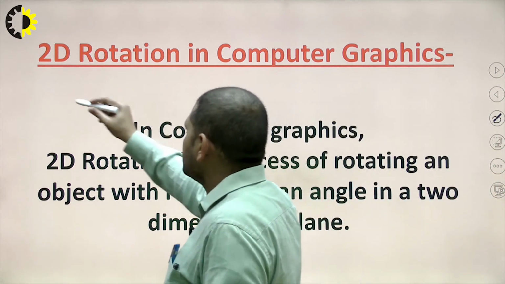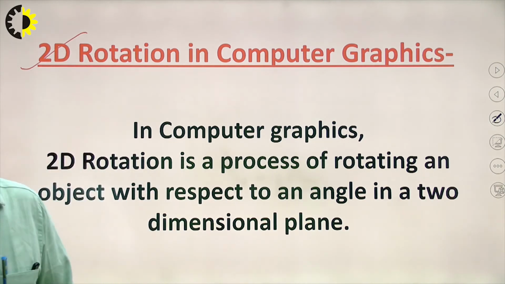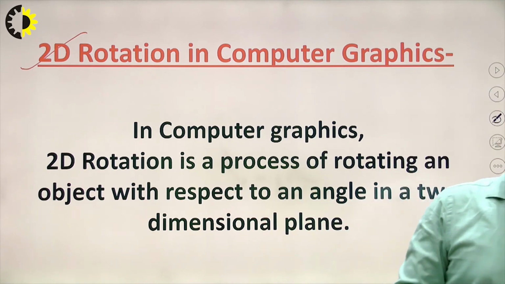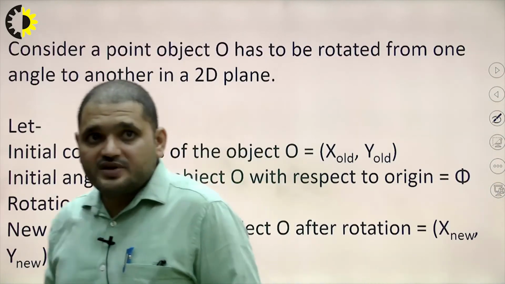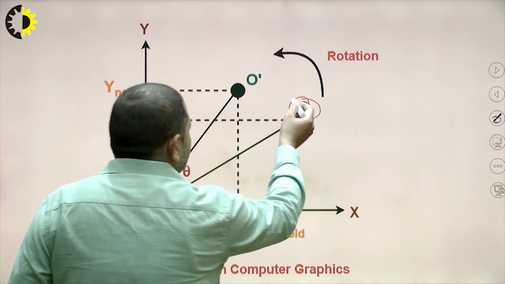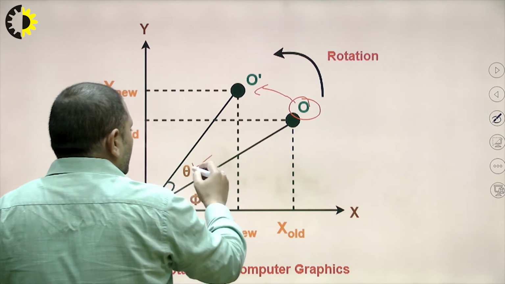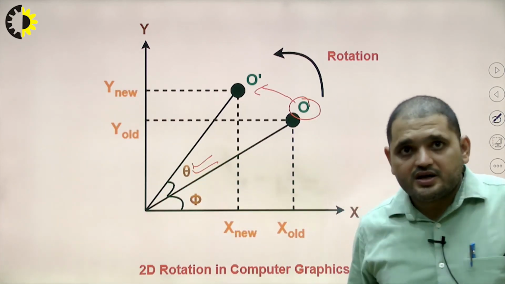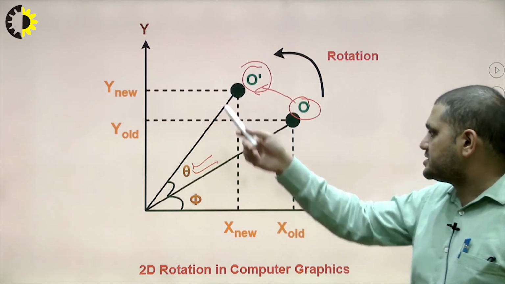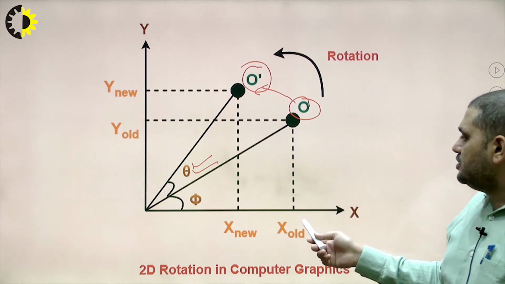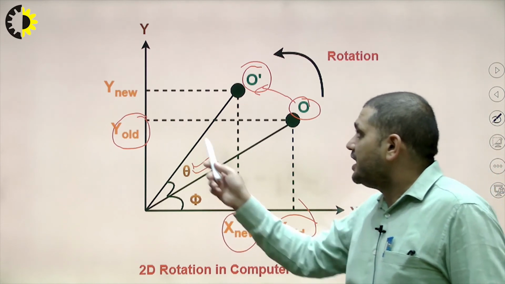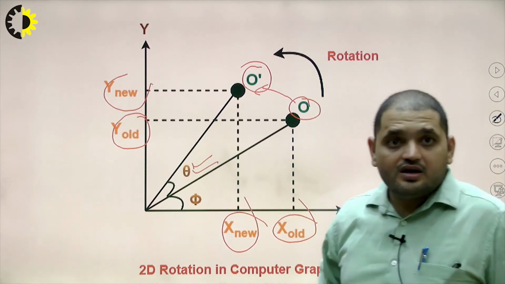Here we can see an old point O, which is to be rotated by angle theta to come to a new point O dash. The old coordinates were x old and y old, and the new coordinates are x new and y new after rotating by angle theta.